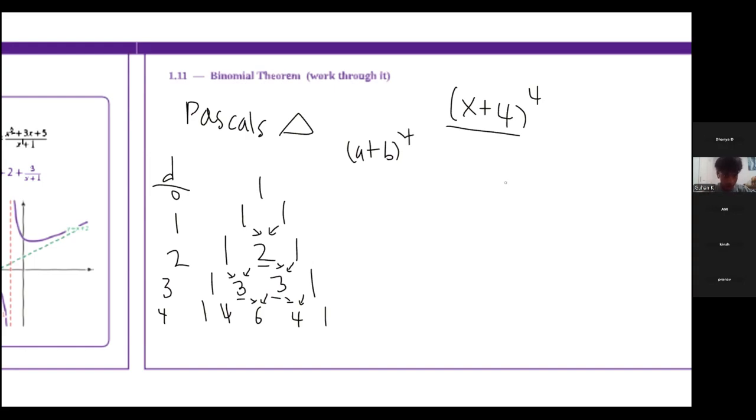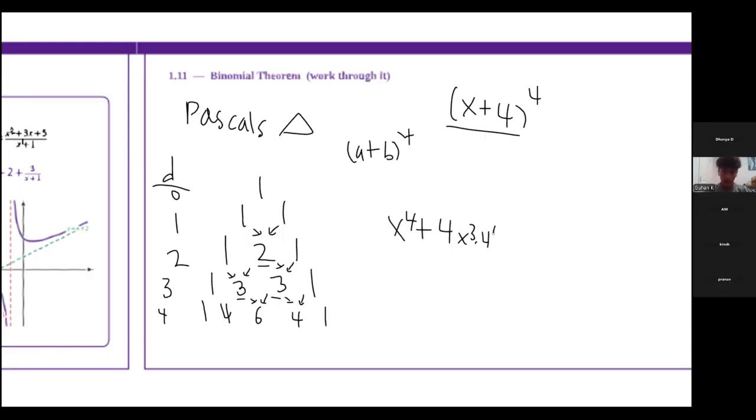So now let's look at x plus 4 to the fourth. First, our first term is just going to be x to the fourth, right? Simple enough with just 1. And then we have to add a 4 at the start. 4 times, and we reduce x by 1, so 4x cubed. And we increase the power of 4 by 1, so times 4, right? Because now it's 4 to the 1.